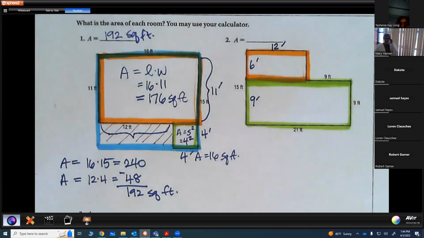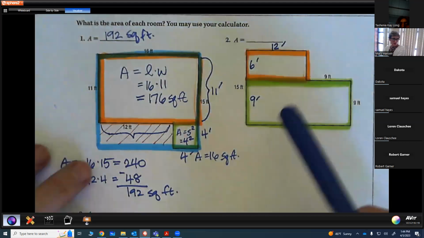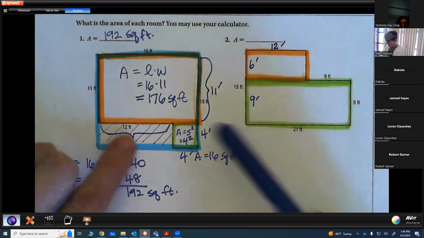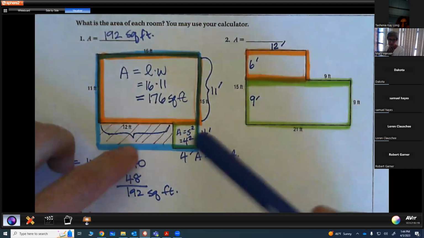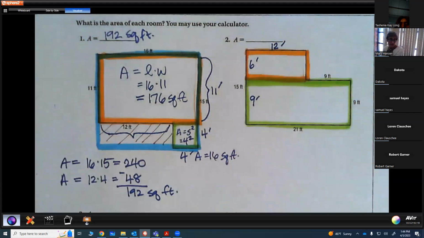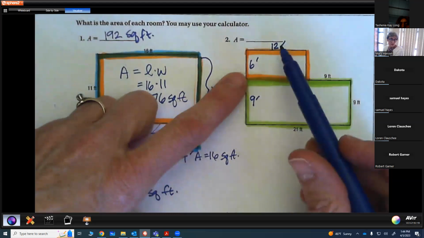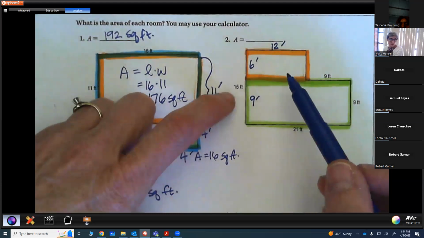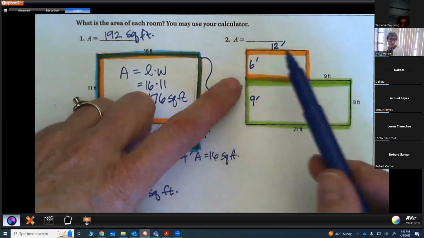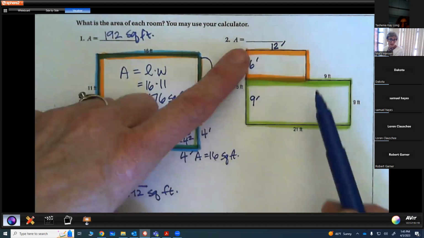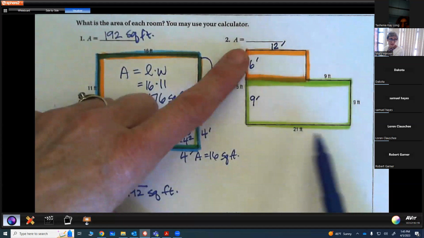All right, so if you attacked this problem as an addition problem, and I'm using orange and green the same way I used orange and green here, that means you would divide it probably like this, and you'd have a 6 by 12 rectangle. I got 12 and 6 by 12 plus 9 is 21.